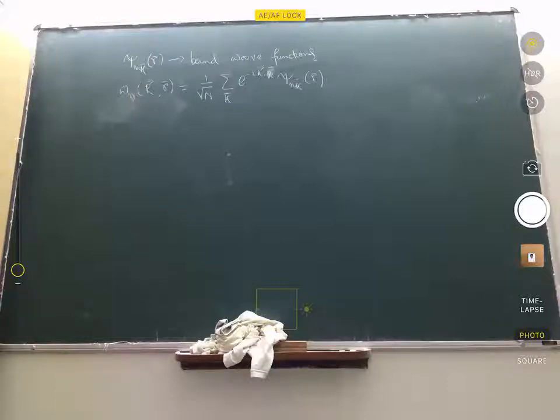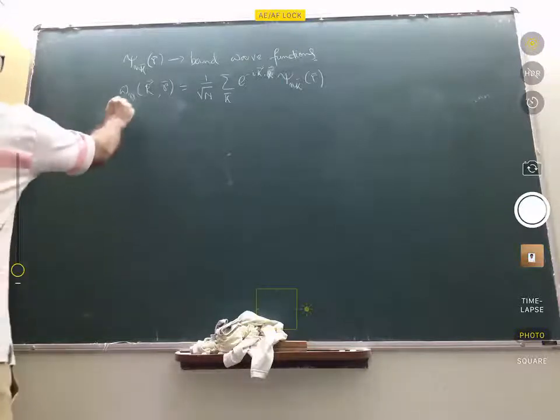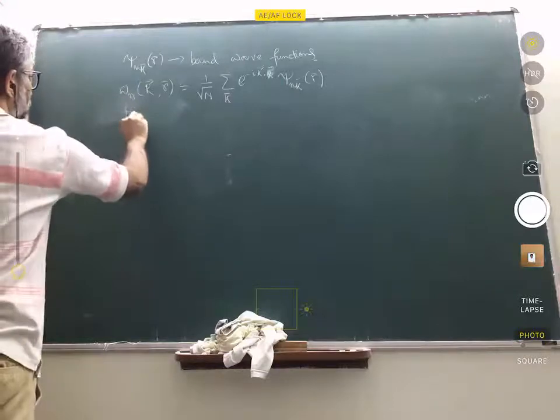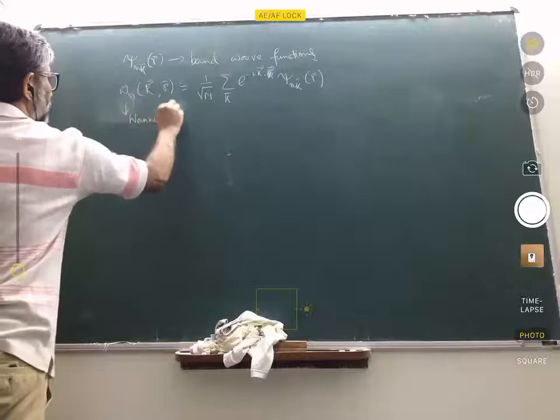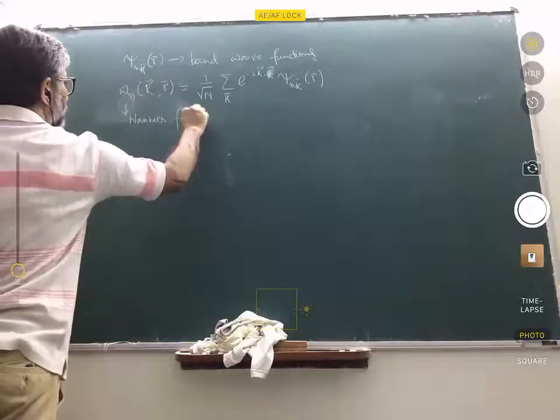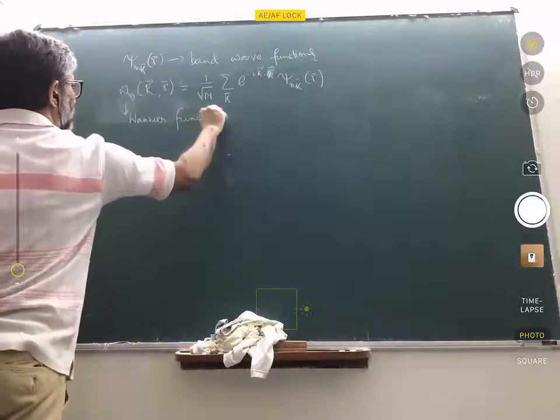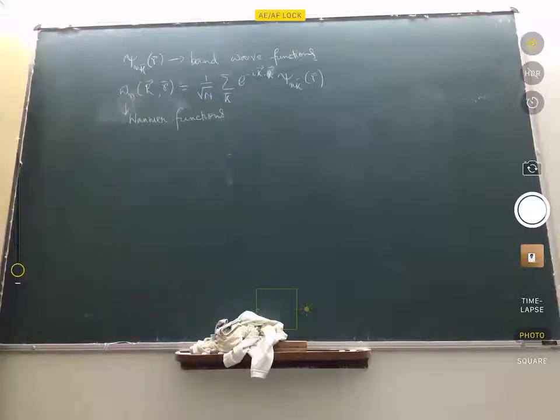And these functions, these W_n, these are called Wannier functions. And you can do an inverse transform of the Wannier functions to get back the band functions.